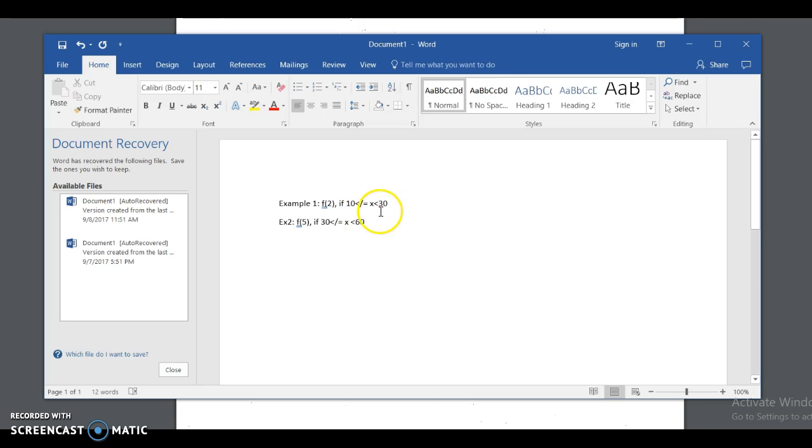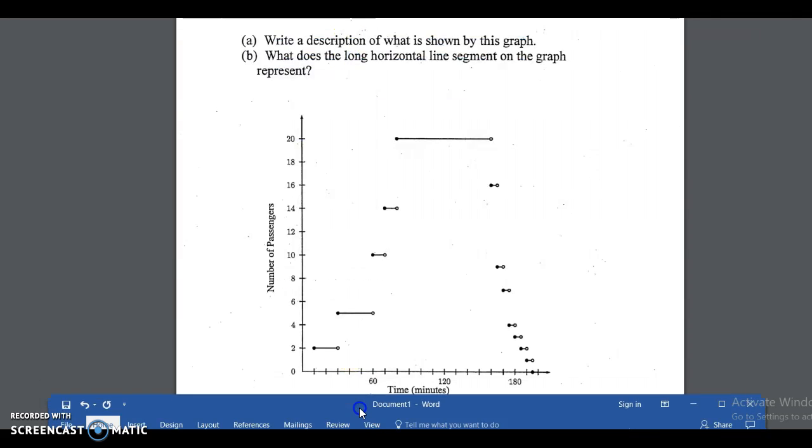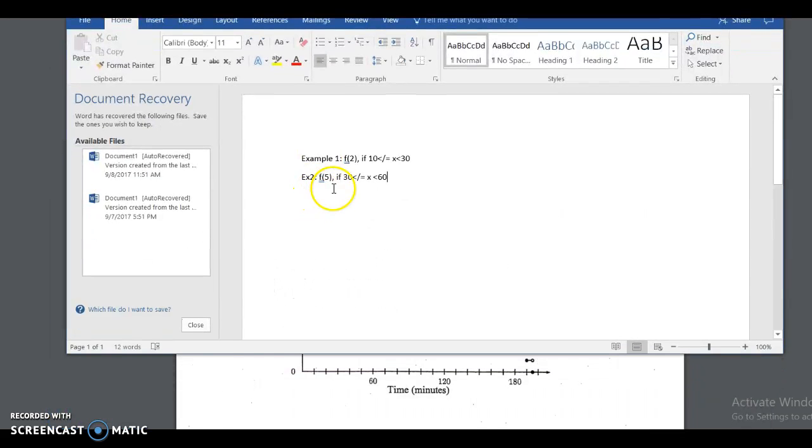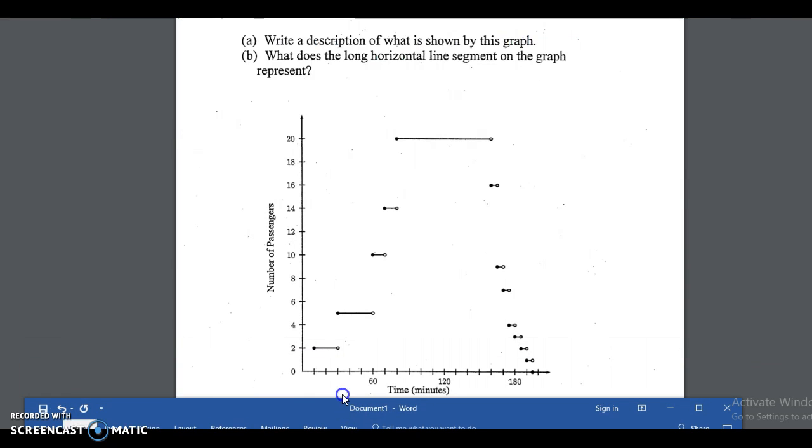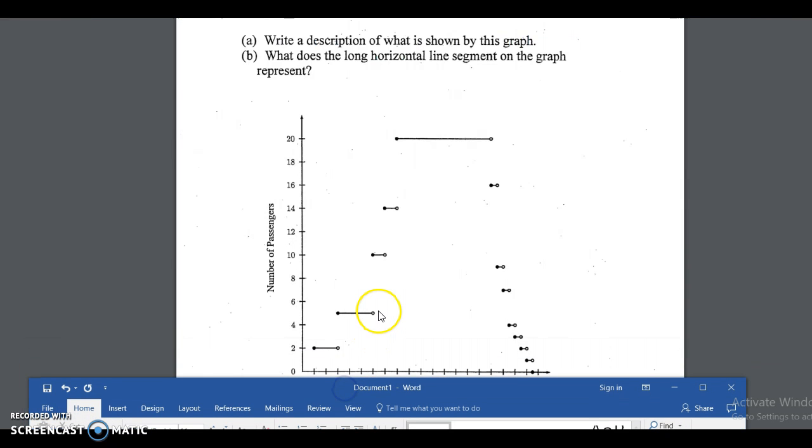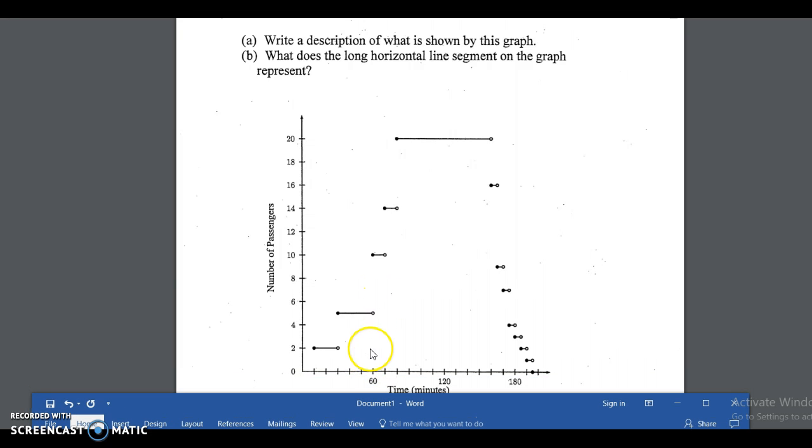When you go past 30, you go up to the next number that is marked in this function, which is f of 5, if 30 is less than or equal to x, x is less than 60, as shown right here.